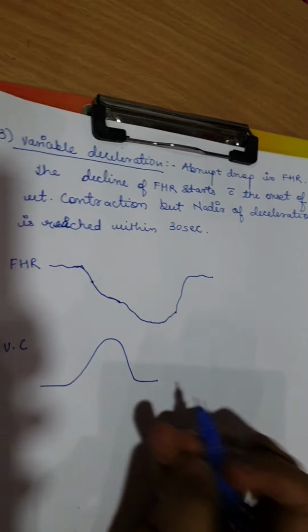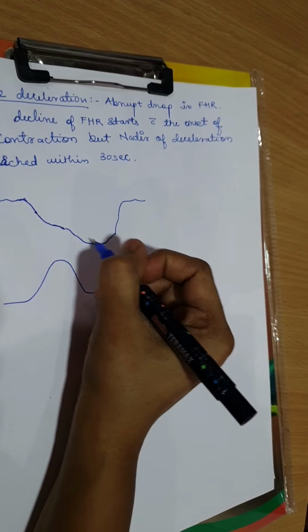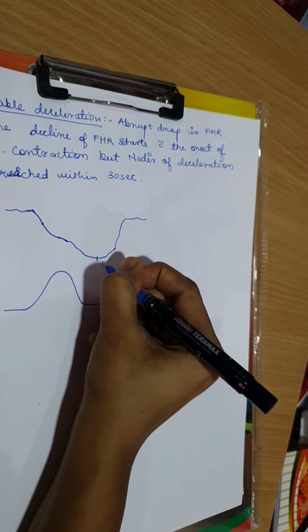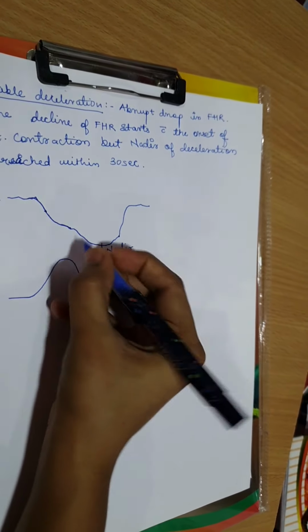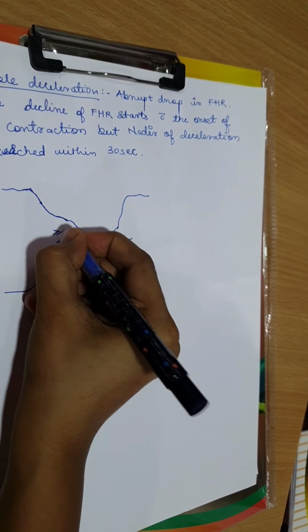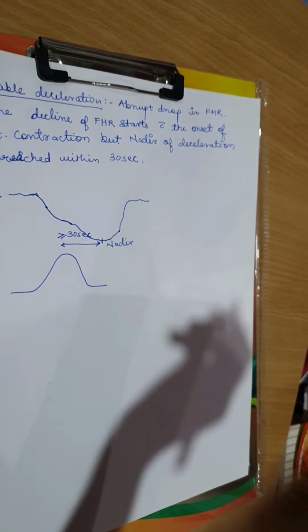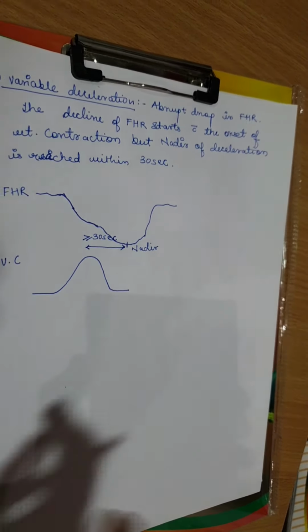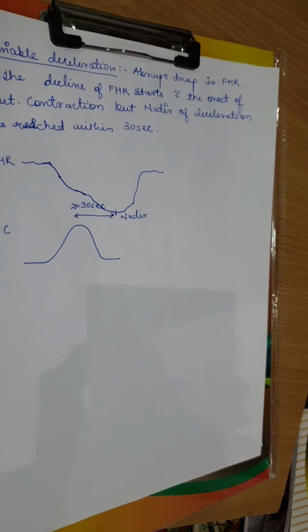So there will be a sudden drop with the onset of uterine contraction, but the nadir of the deceleration is greater than or equal to 30 seconds. So the nadir of the deceleration will reach after 30 seconds after the contraction.